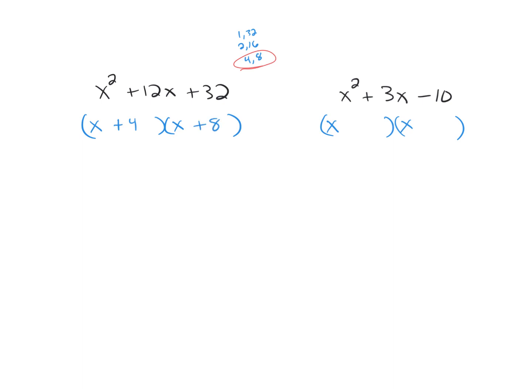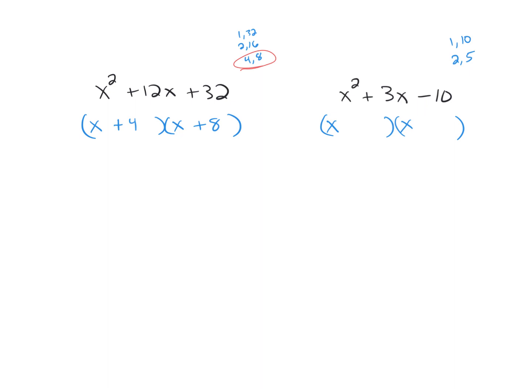Over to the next one, I need two numbers that multiply to give me negative 10 and add to give me 3. So here you got to be a little bit careful, because if that's a negative number there, I'm still going to look at my numbers 1 and 10 and 2 and 5. But you got to keep in mind that one of the numbers has to be negative.